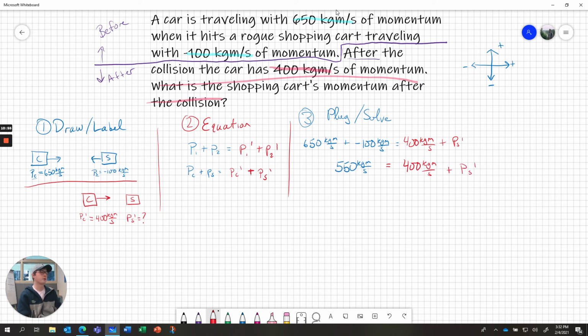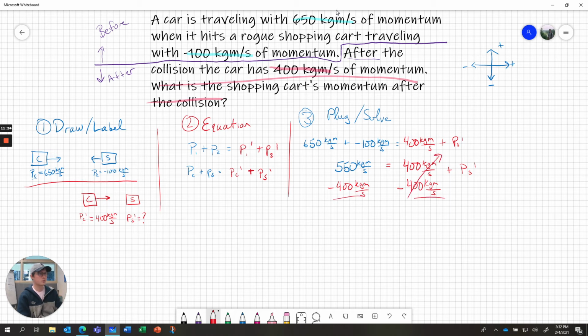Okay, so we need to get PS prime, momentum of shopping cart after, by itself. So let's do the opposite operation. Currently it's addition, so the opposite would be subtraction, and let's get rid of the thing that is not what we're looking for. What you do to one side, you have to do to the other. This zeroes out because 400 minus 400 is 0.